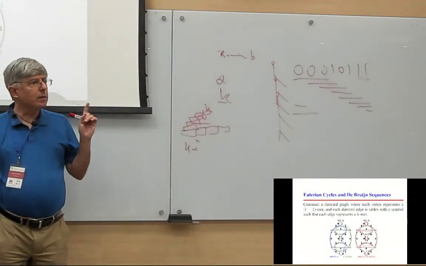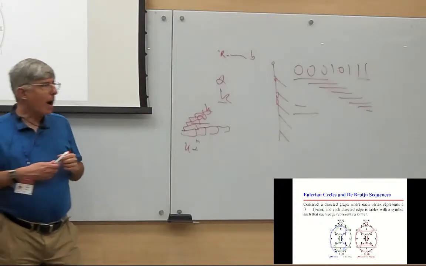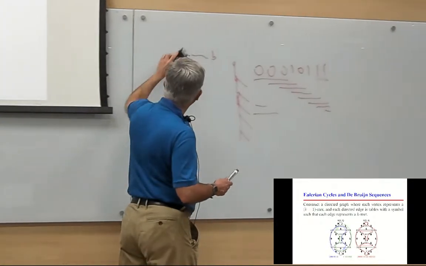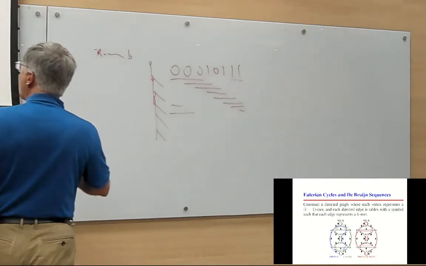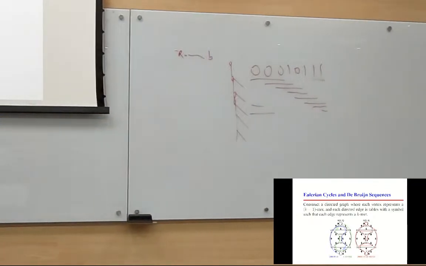What if we build a graph with the property that every one of our substrings, let's look at this particular graph.